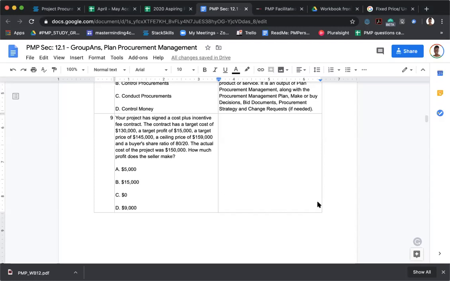And then it's an 80-20 buyer share. So buyer share is what, 80% of that? Is that what we mean by buyer share ratio? I think so, yeah. Gosh, it's been so long since I had one of these questions.